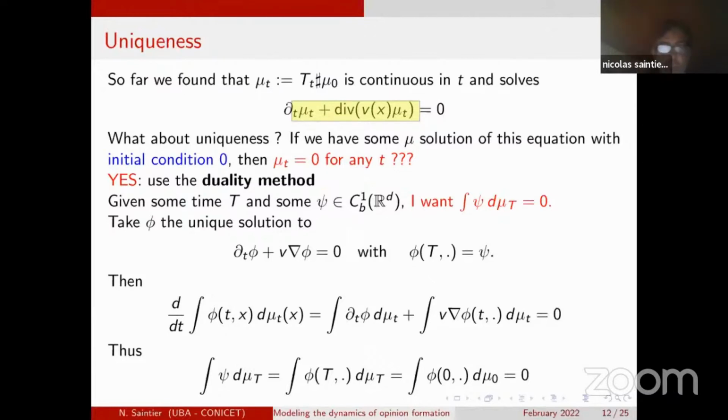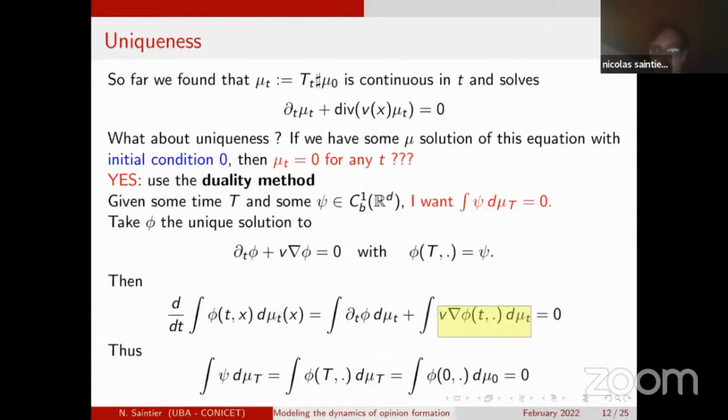So what do we do now? Let's just compute the derivative of this integral. Easy to do, right? It's almost like taking the derivative of a product. So we take the derivative of phi, and then we take the derivative of mu with respect to t. And taking the derivative of mu with respect to t means that we just write this integral here.